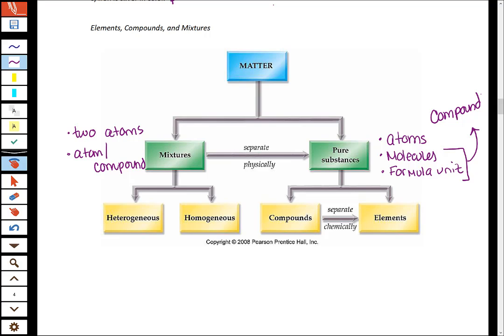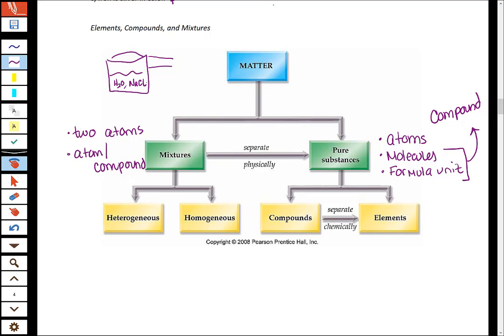Then your mixtures, you can always separate them. Think about if you had a pot, and your pot had water and sodium chloride, salt, mixed in with it.